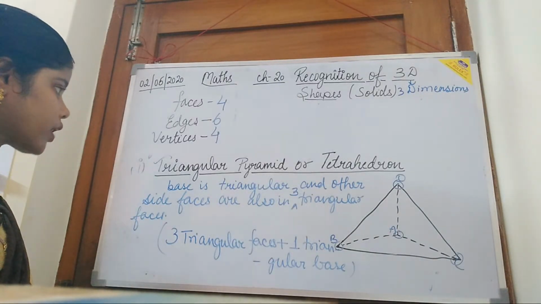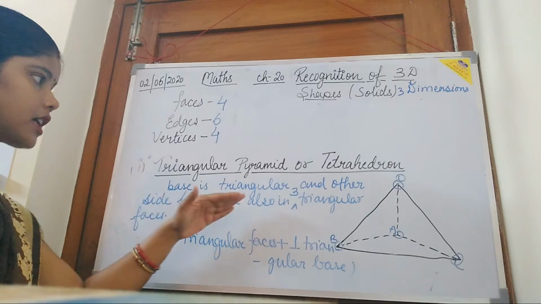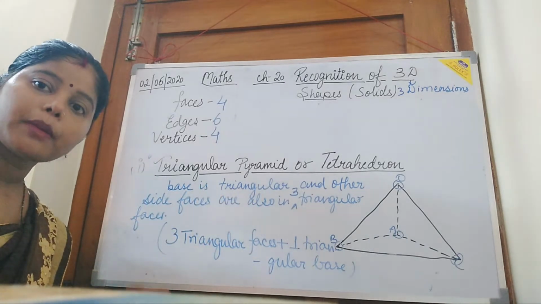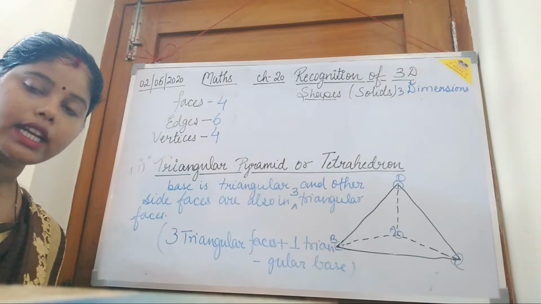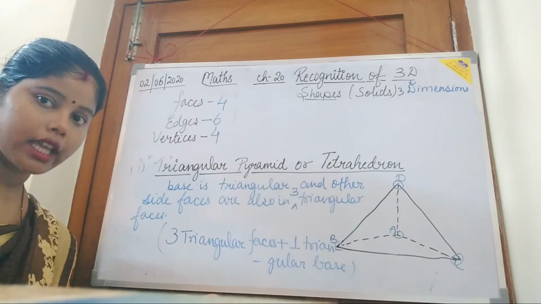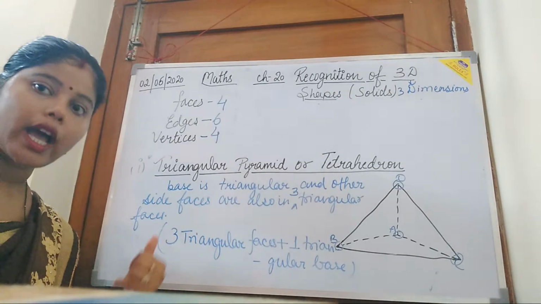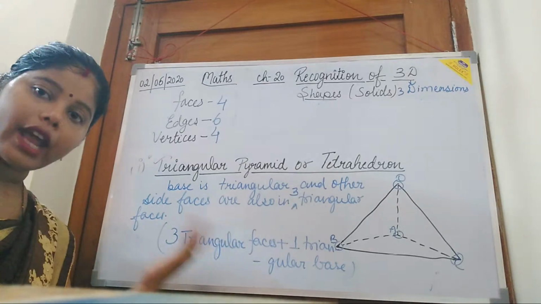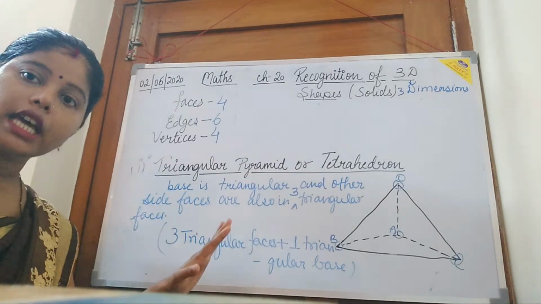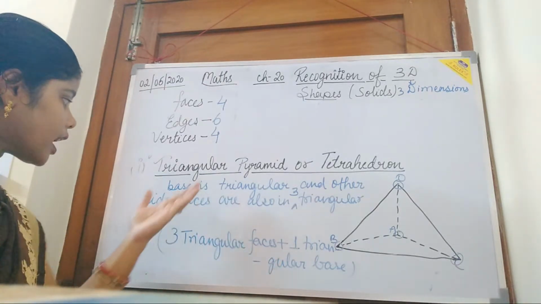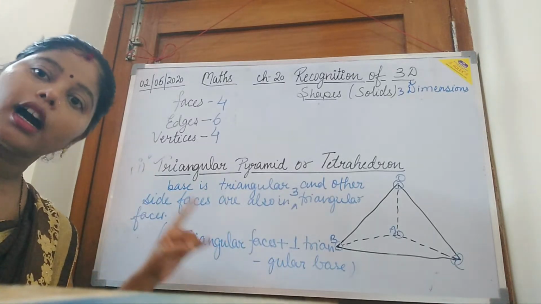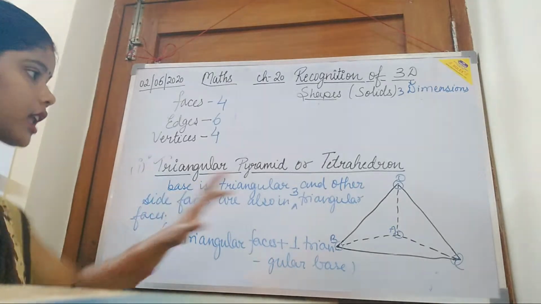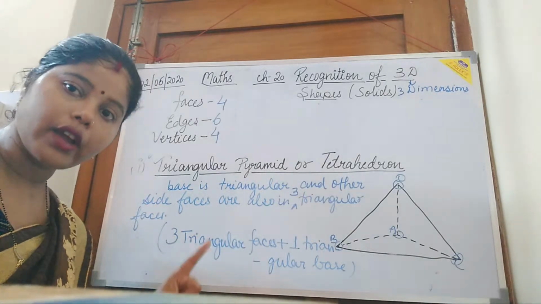So in this triangular pyramid, the base is triangular. Here it is written that the base is a rectilinear figure. So whatever it is, maybe it is a rectangle, maybe a square, maybe a triangle. The base is a rectilinear figure and the other side faces are always triangles.